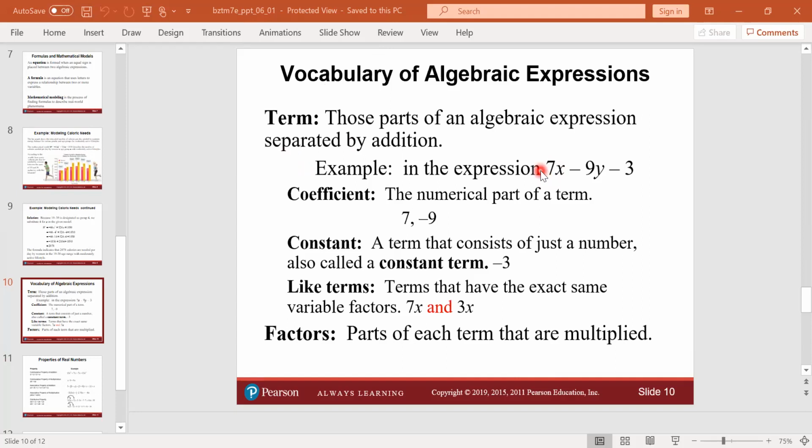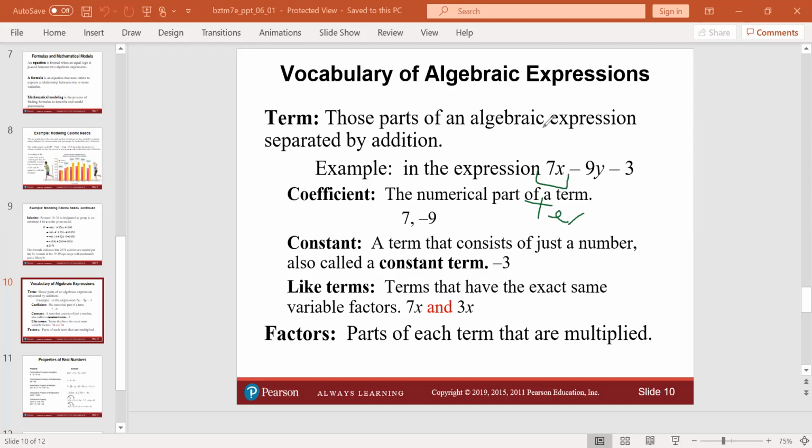That means 7 multiplied to x. But since that's multiplication, those are not separate terms. The only thing that can separate terms is addition or subtraction. So 7x altogether is one term. So that is, say, term 1.